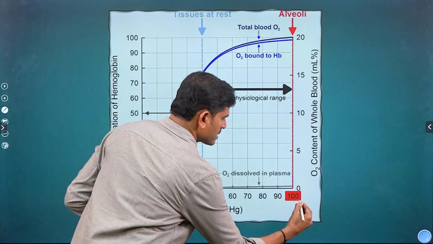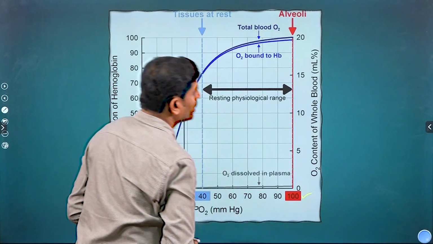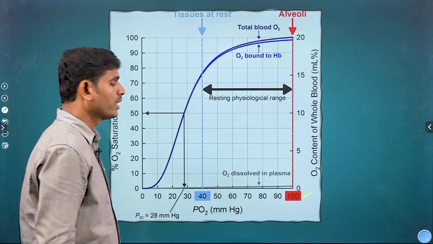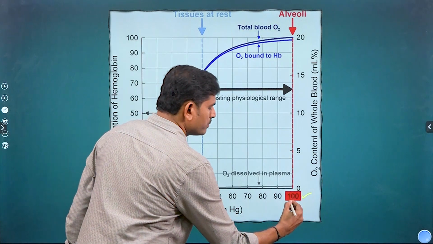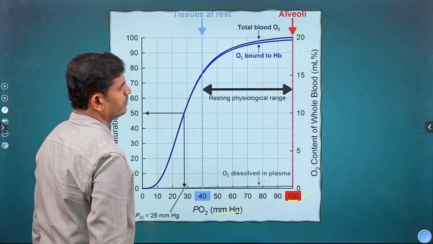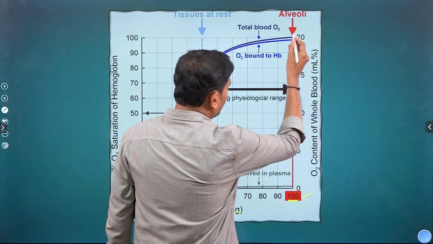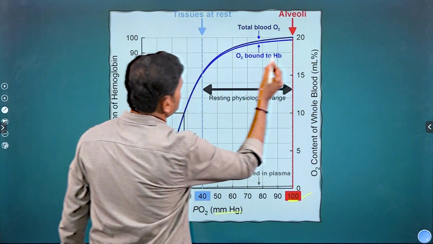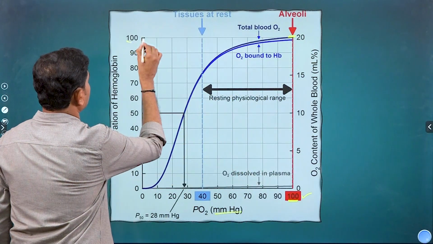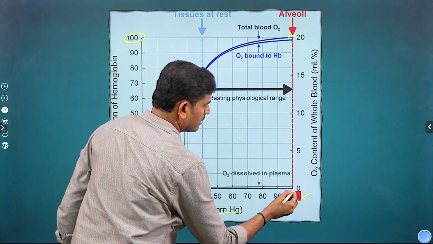Now here, oxygen partial pressure 100 mmHg it is. At 100 mmHg, percentage of saturation also here it is 100.